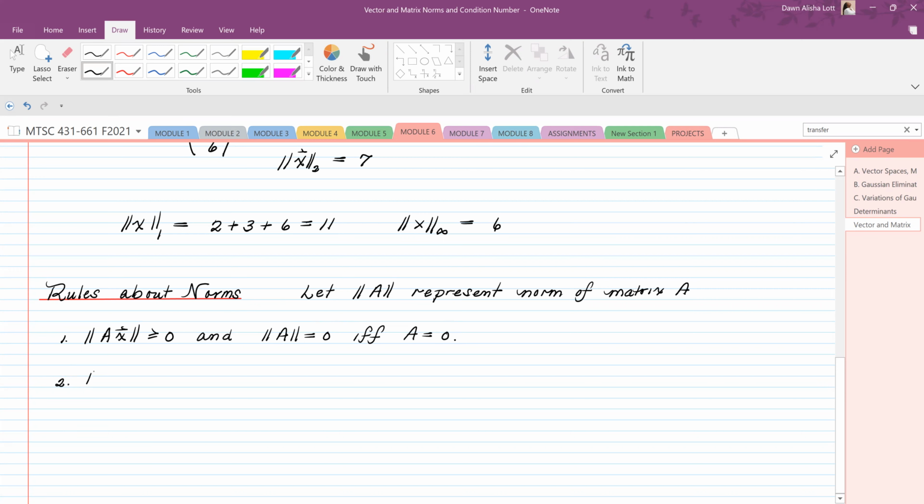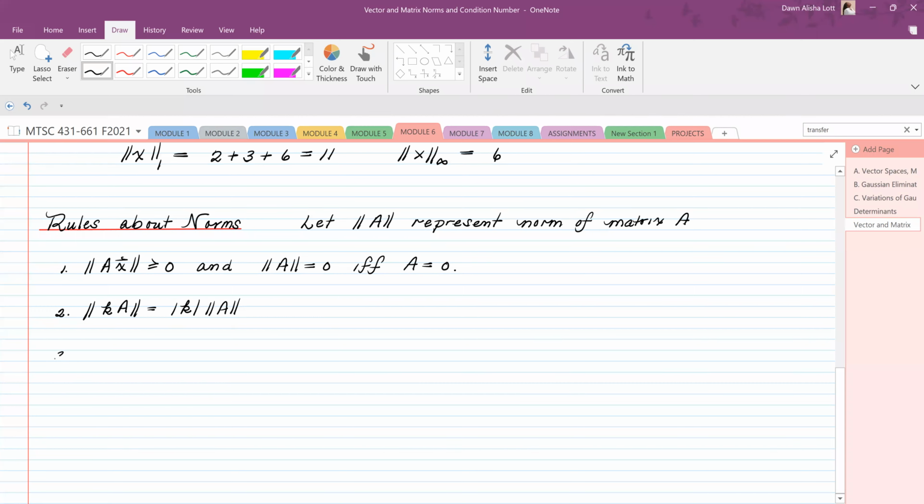2, the norm of a K times a matrix A is the absolute value of K times the norm of A. Okay. 3, the norm of A plus B is less than or equal to the norm of A plus the norm of B. It's the triangular inequality.